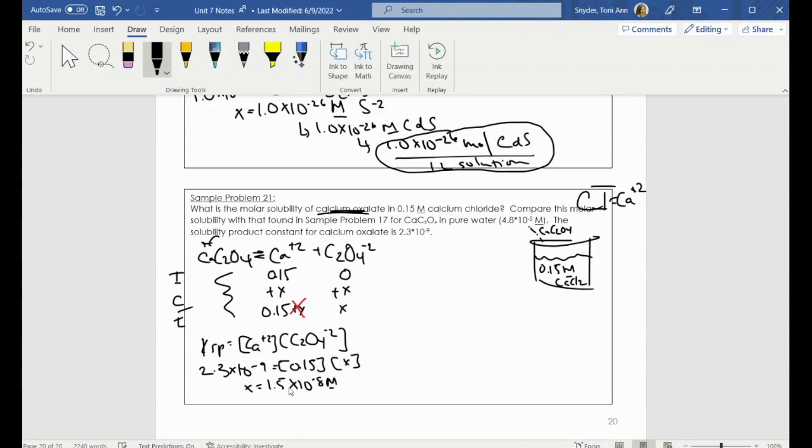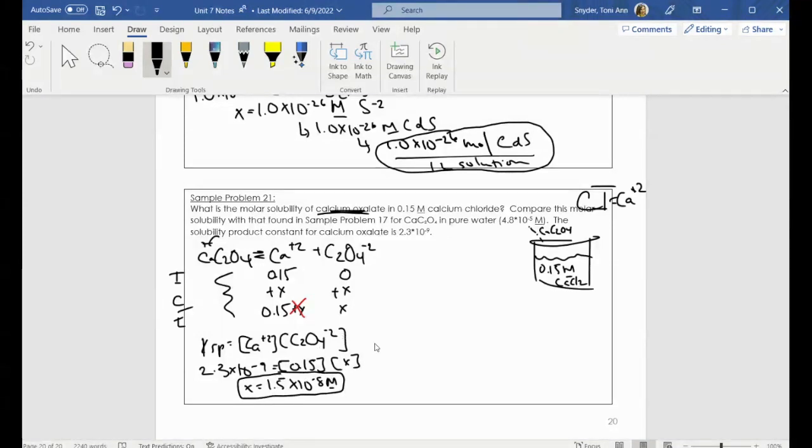And you can compare these two, because if you were to subtract 1.5 times 10 to the negative 8th from 0.15, you would still get 0.15. This is why we can neglect that X, because it's not going to change that concentration nearly enough. So there is my concentration in this particular solution.